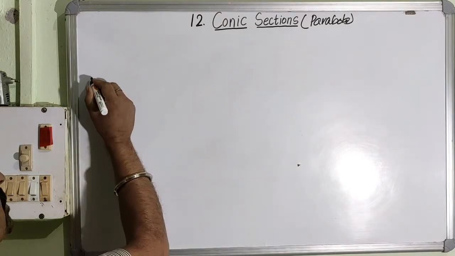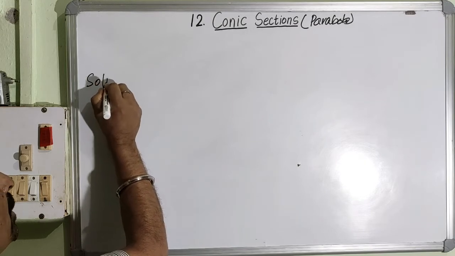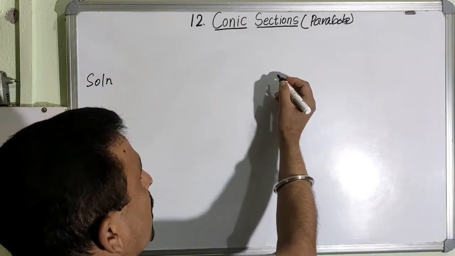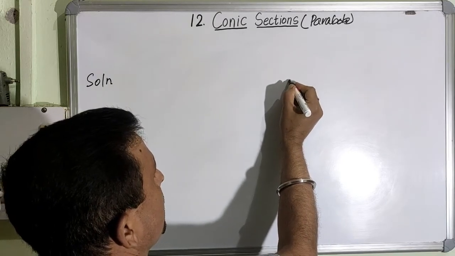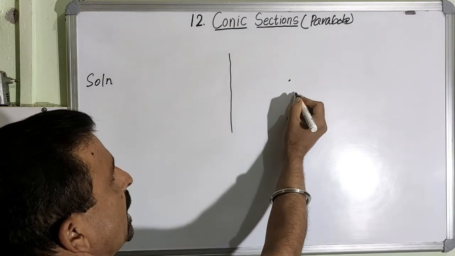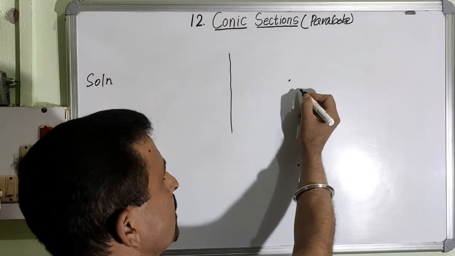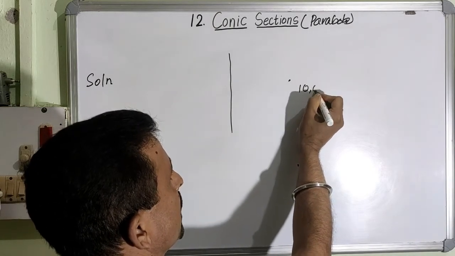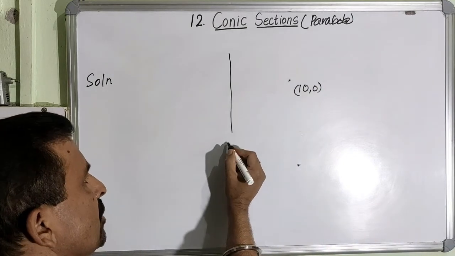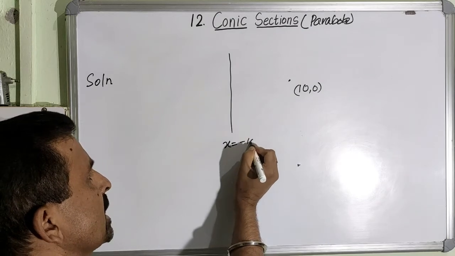So using the definition of the parabola, let us draw the diagram for this one. It will be easier. We have the focus and we have the equation of the directrix. This is the focus, and the coordinate of this focus is given as (10, 0), and the equation of the directrix is given as x is equal to minus 10.